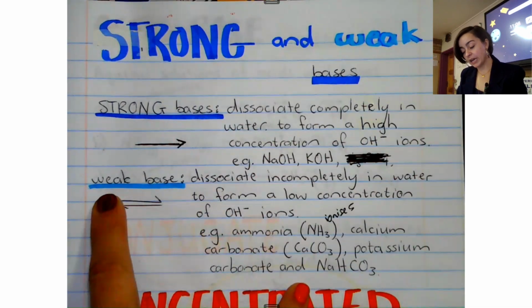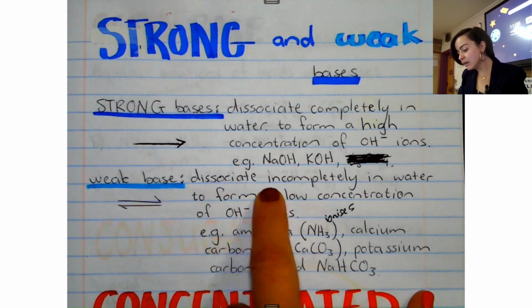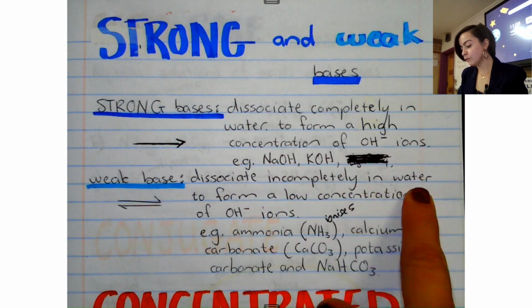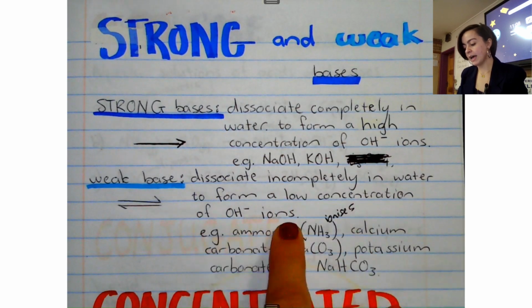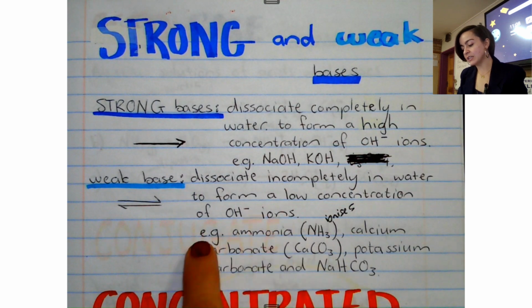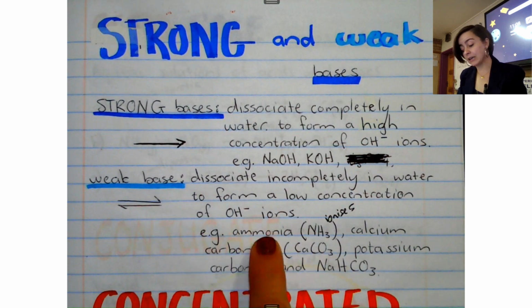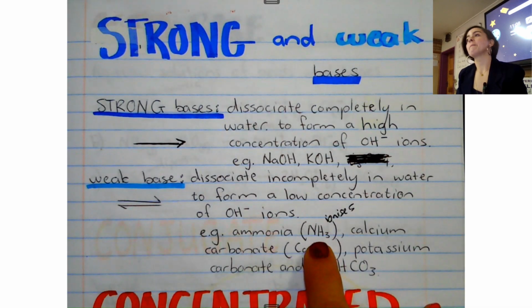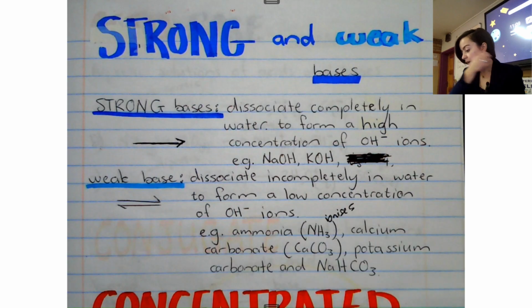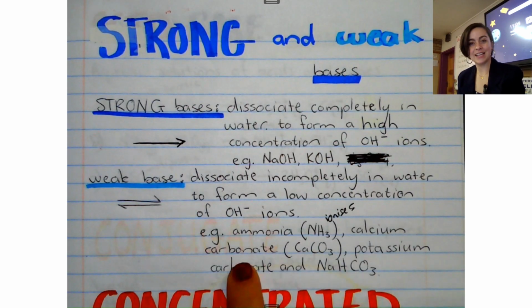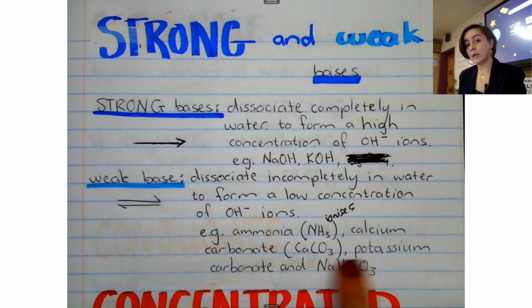Then the weak base dissociates incompletely in water to form a low concentration of hydroxide ions. In this case, you'll have an example as ammonia. Ammonia is a weak base. Just remember that it is the exception to the rule. It doesn't dissociate like the other bases. It ionizes also. All right. Then calcium carbonate is another example of a weak base.